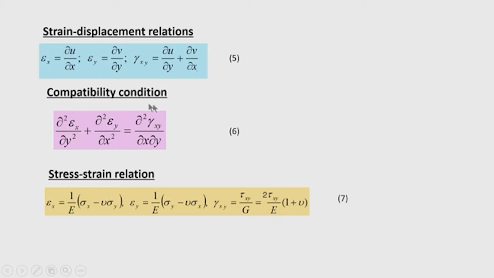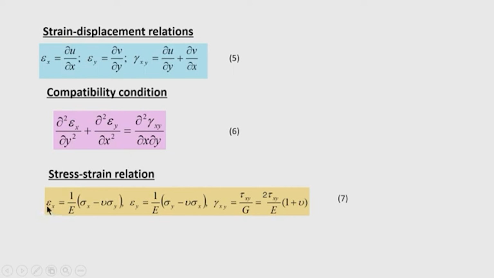Then the compatibility condition for the strain can be written as del square epsilon x by del y square plus del square epsilon y by del x square equal to del square gamma x y by del x del y. So, this is the compatibility condition in two dimensional elasticity problem.